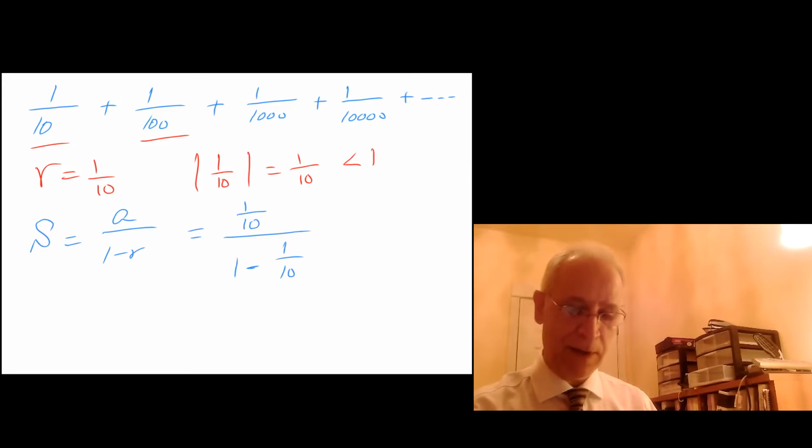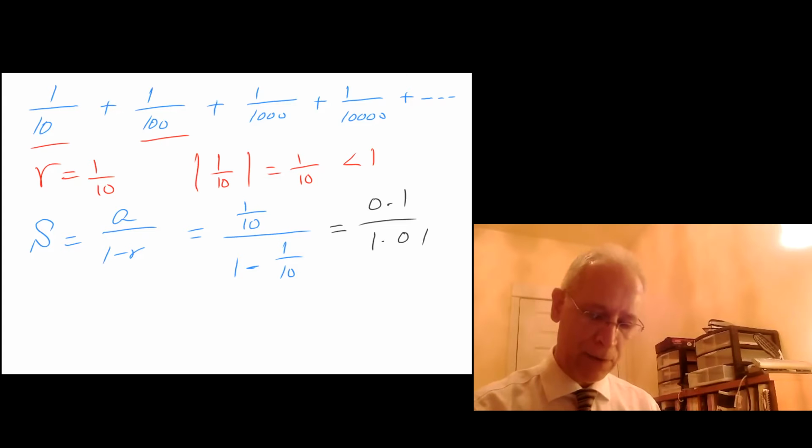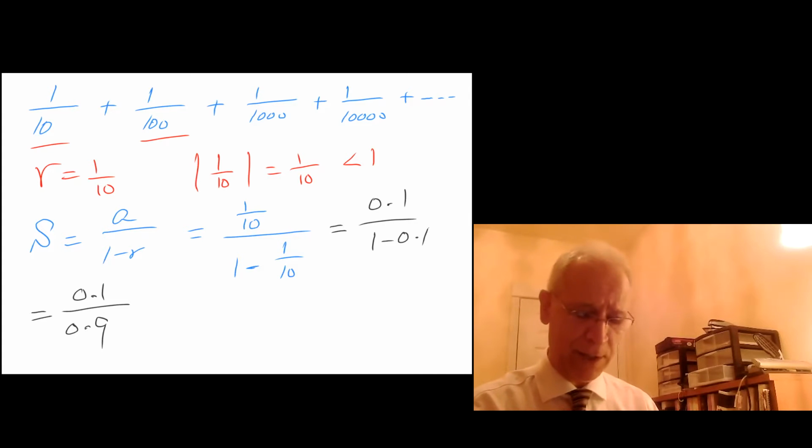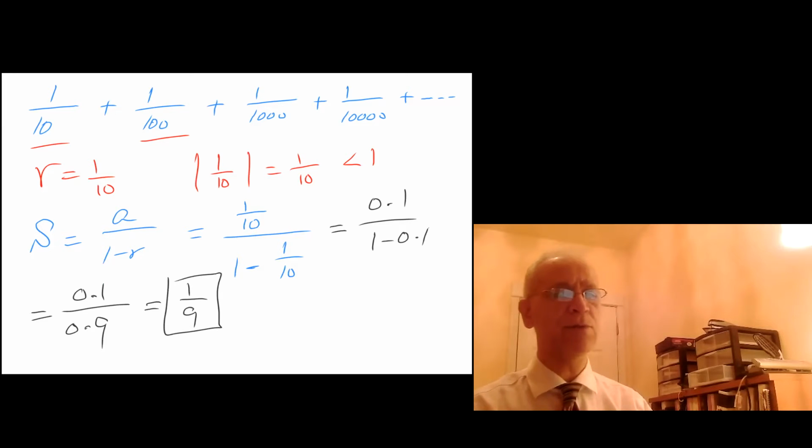To make my life easier, in the numerator I have 0.1 and in the denominator I have 1 minus 0.1. So that gives me 0.1 over 0.9. Multiply top and bottom by 10, I get 1 over 9. So it converges to 1 over 9.